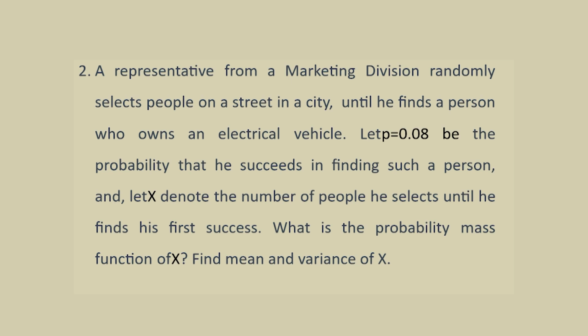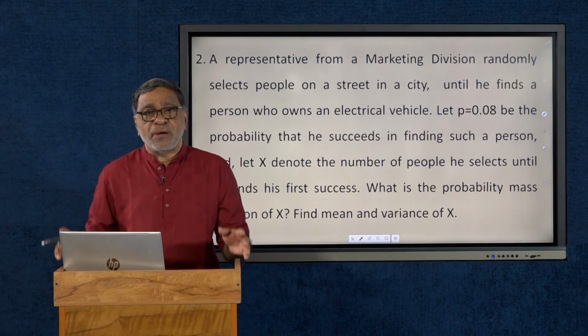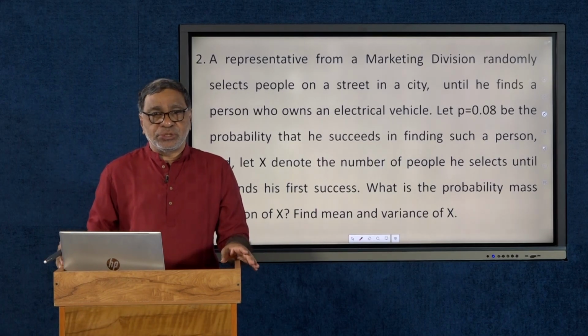Let x denote the number of people he selects until he finds his first success. What is the probability mass function of x? This is a typical example of the geometric distribution.